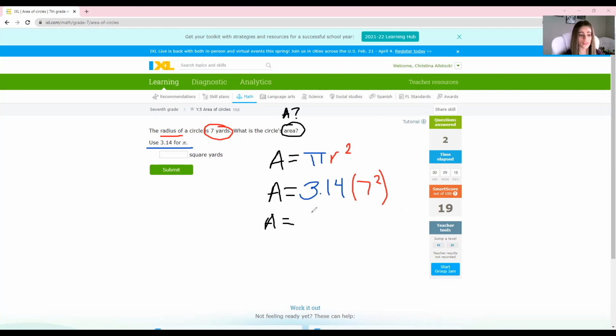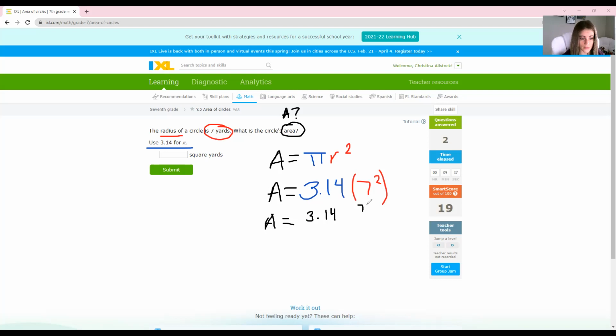This right here is where I think the most mistakes could happen, because we need to remember that it is not, let me pause and say that again, it is not 7 times 2. 7 squared is 7 times itself 2 times.